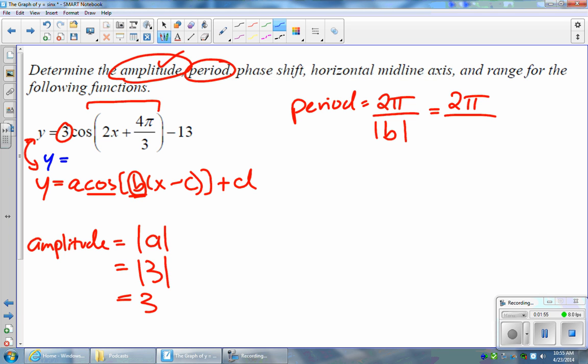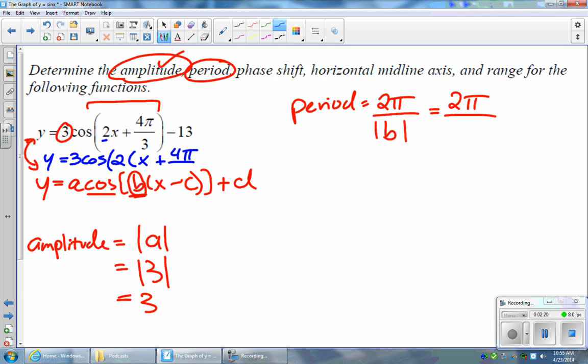So y is equal to 3 cos, brackets. If I factor out the b, I'm factoring out the number in front, so I'm going to factor out 2. And I'm going to get another set of brackets here: x plus 4 pi. Now, it's not going to be 4 pi over 3. I'm taking out 2, so in other words, I'm multiplying by a half here.